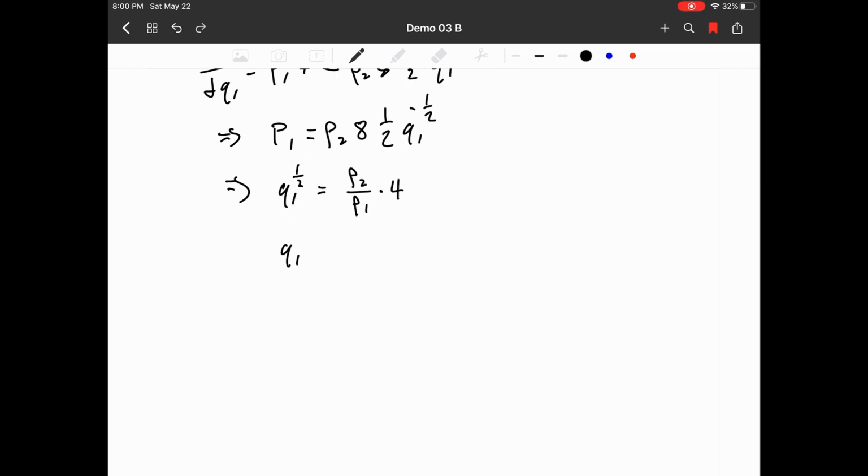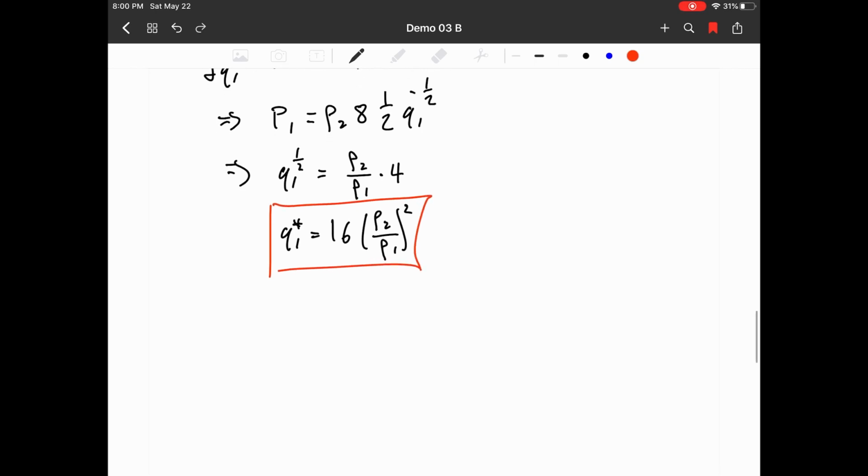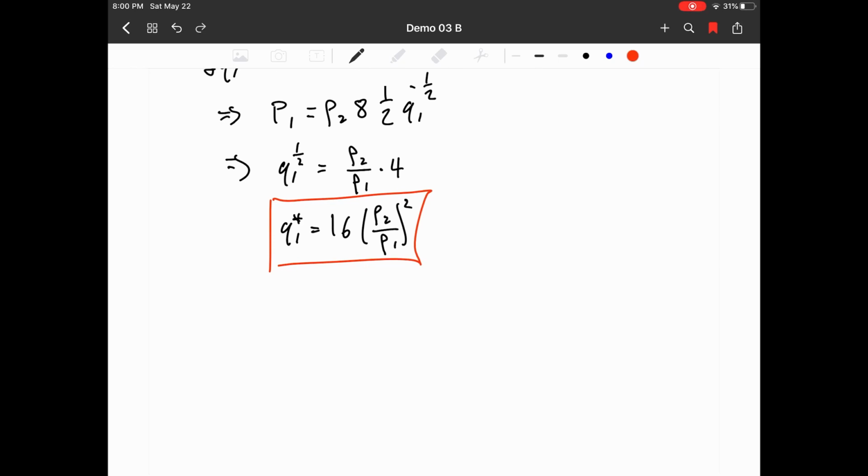So we have q1 star is equal to 16 (p2 over p1) squared. And this is our solution. And this will look pretty familiar, similar to what we did in the last video.